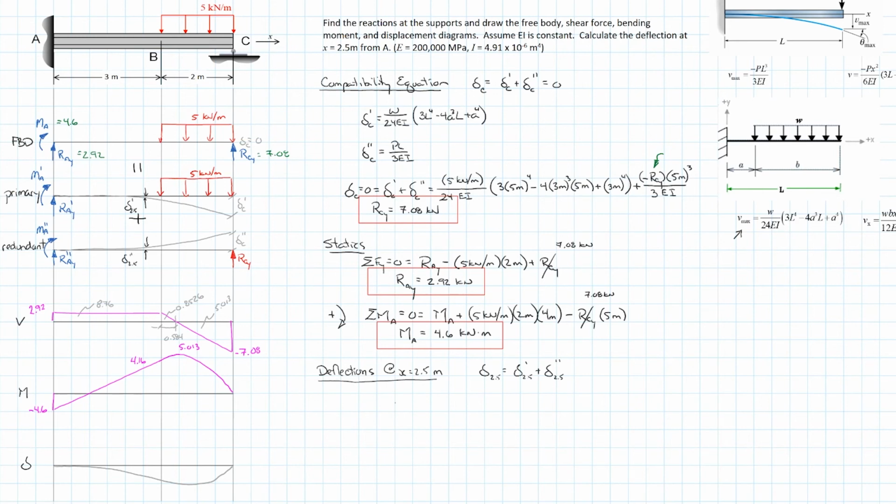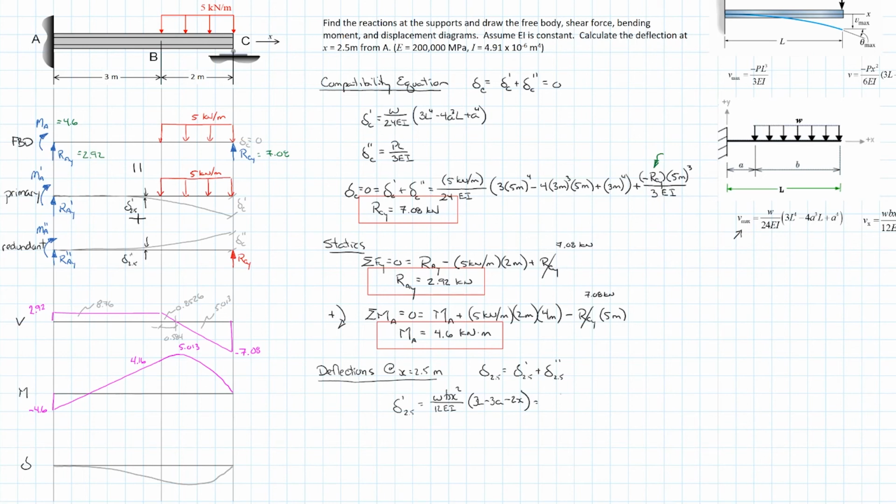And deflection at 2.5 prime is equal to W b x squared all over 12EI times 3L minus 3a minus 2x.